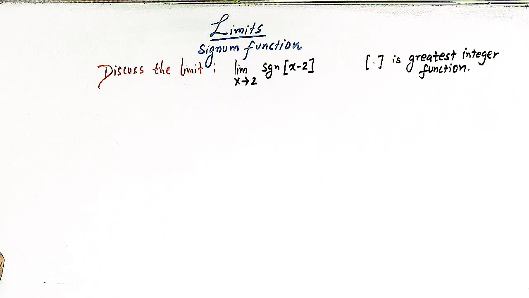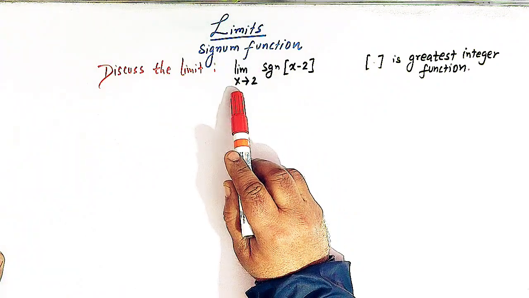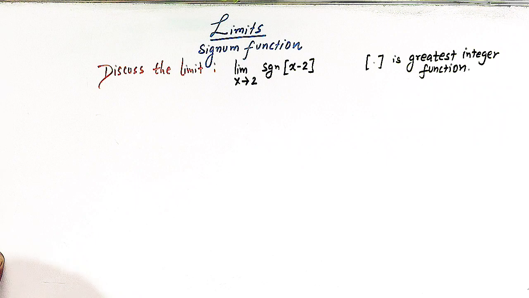So here we have to see whether the limit of this function when x approaches 2 exists or not, right? So for this, what we will do, we'll find out the right hand limit and the left hand limit. So let us start.